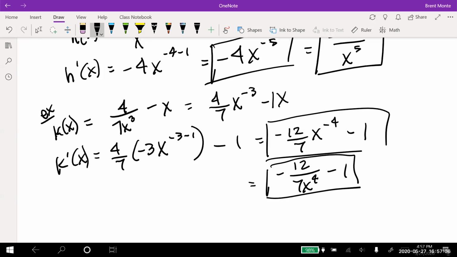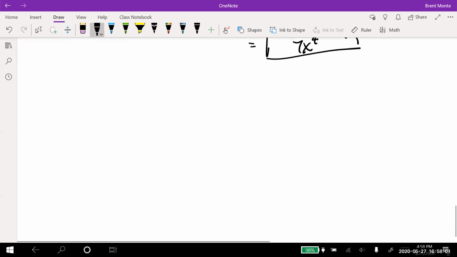All right. But here's what I want to show you. In the last section, they had some problems where they would ask you to find the equation of a tangent line. I didn't want to do it in the midst of finding the derivative the long way with the limit of the difference quotient. So now that we have the shortcuts, we can do that. So let's do a couple things. One's going to be this.